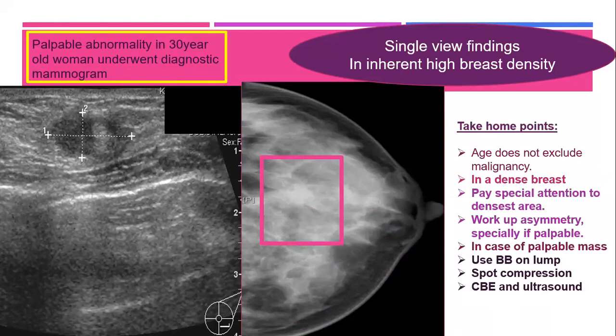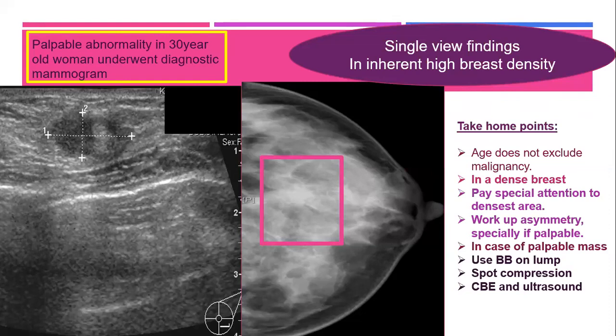The patient is 30 years old. And in dense breast, we have to pay special attention for any densest area. Look for any area denser than the rest of the breast. Take it into account and work up the asymmetry, especially if palpable.